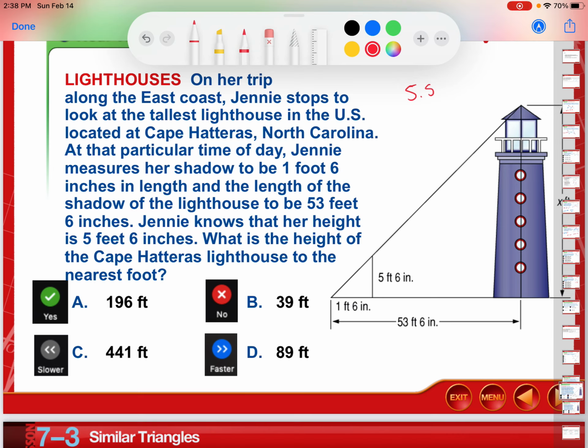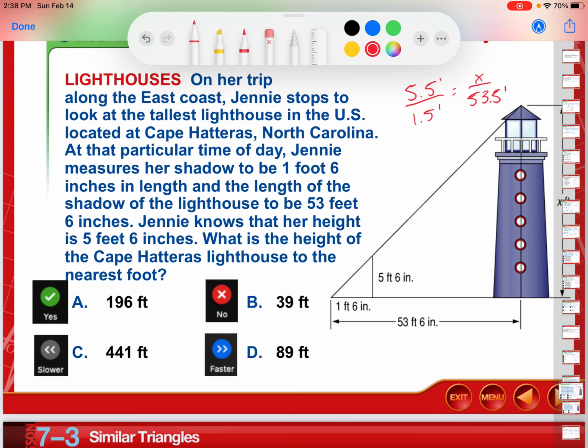So once again, we would do 5.5 feet over 1.5 feet equals unknown over 53.5 feet. So we would cross multiply this up.